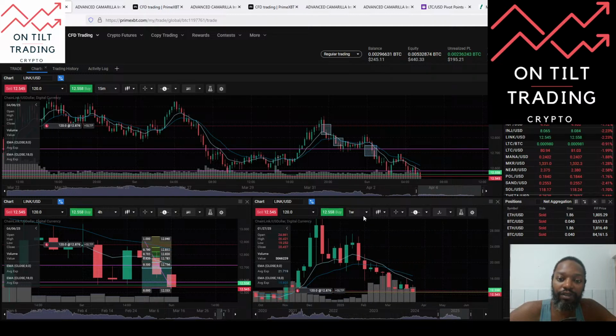But when I'm looking for targets, I look for targets in correlation to the weekly chart. So this particular target here is in correlation for a test of the low of this weekly candle right here 3 weeks back. So my target is based on this weekly candle.